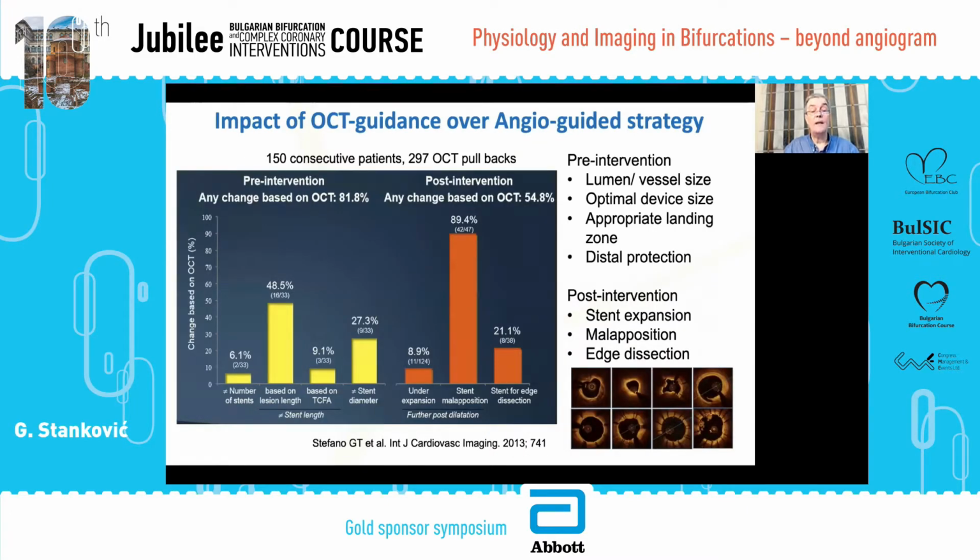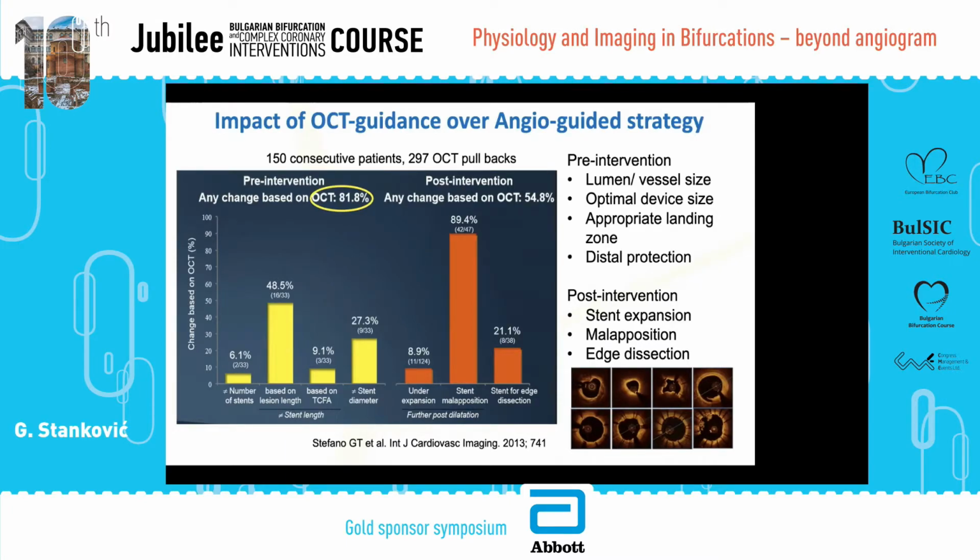Here are the data from Stefano's group, which show that if we use imaging from the very beginning, pre-intervention, it helps us in 82% of lesions to change the strategy, to change the decision based on what we see.